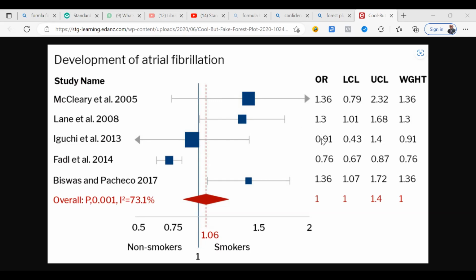Interpret 0.91. The odds ratio is less than 1. Correct. So what does it mean?